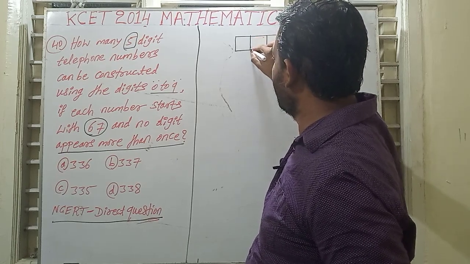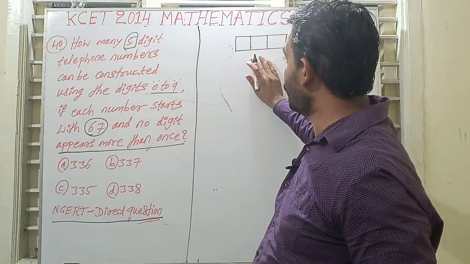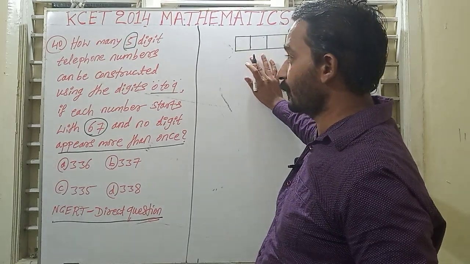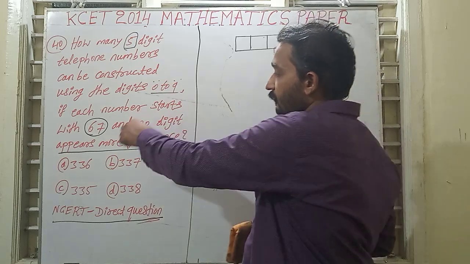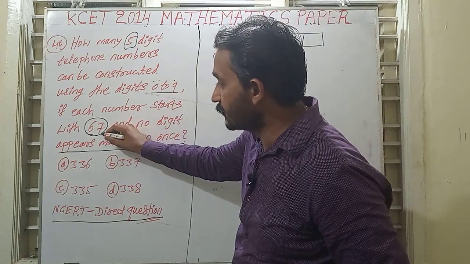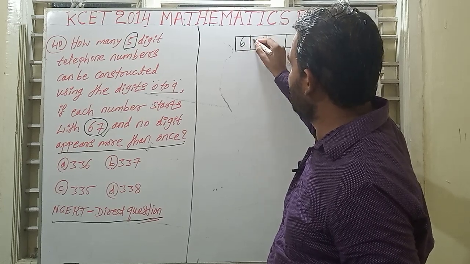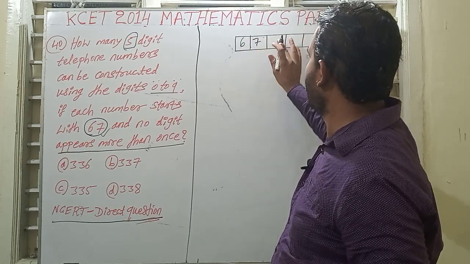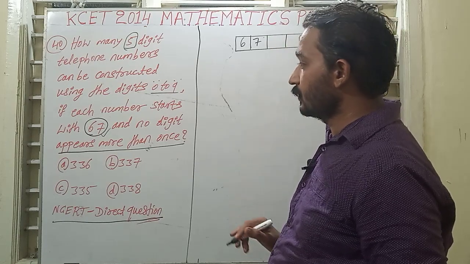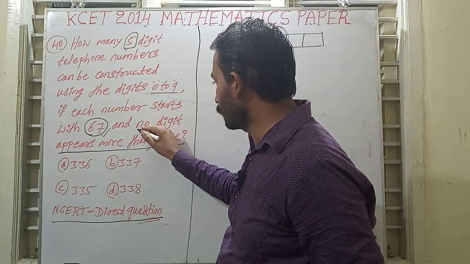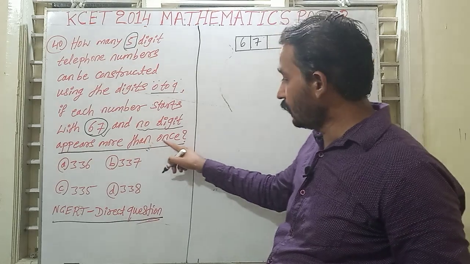This method is based on the fundamental principle of counting. Every telephone number must start with 67, so first start with 6 and 7, the first 2 numbers. Let us see what happens with the remaining 3 numbers. Carefully observe that no digit appears more than once in this case.